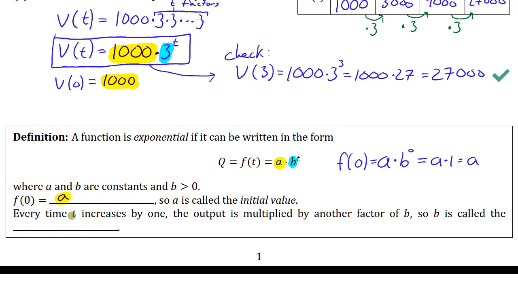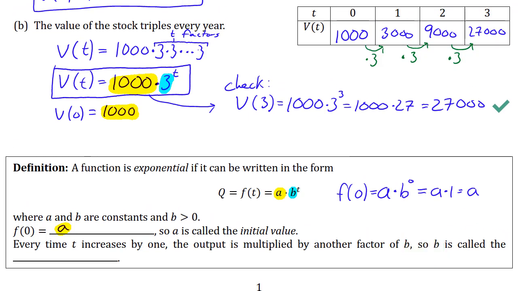Now, let's look at this next thing. Every time t increases by 1, the output is multiplied by another factor of b. That's what's happening here. In this case, the b is 3, and every time t goes up by 1 here, you get another factor of 3 getting multiplied. So remember, a factor is just anything that you multiply, and in this case, it's describing how much it grows by.